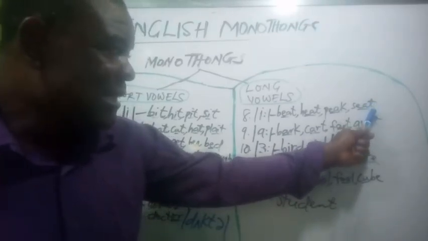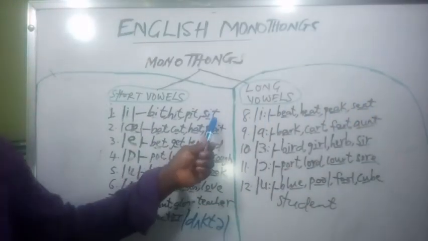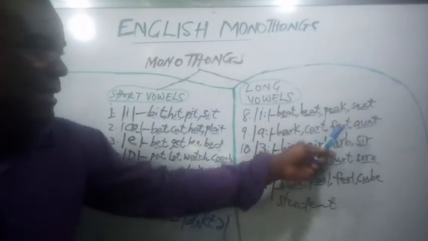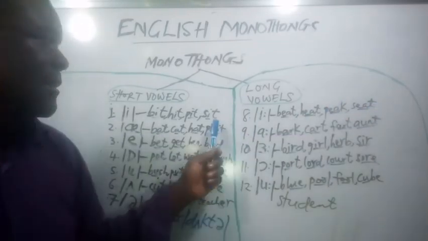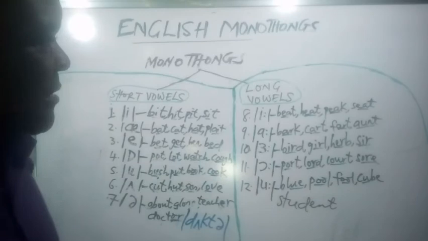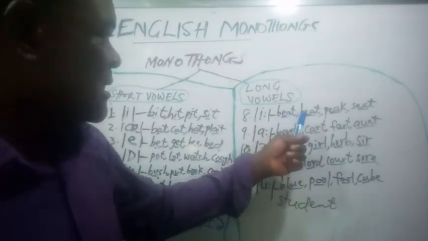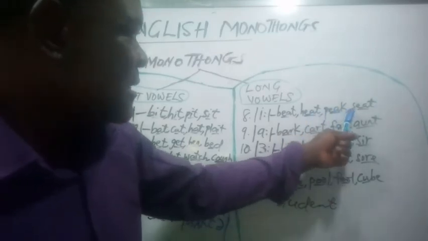For instance, you can tell someone, get a seat and sit down. Get a seat and sit down. You can perceive the distinction in the sound. Bit, heat, pit, seat.